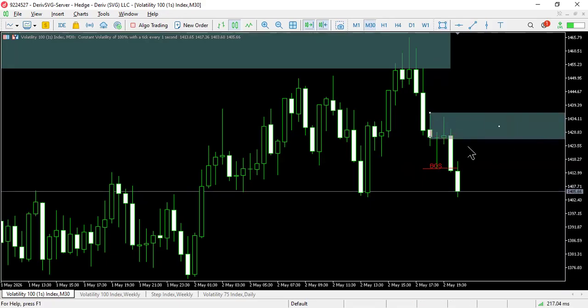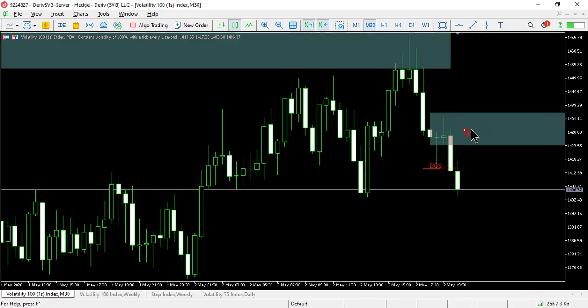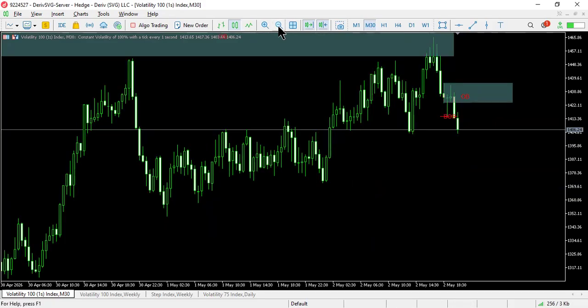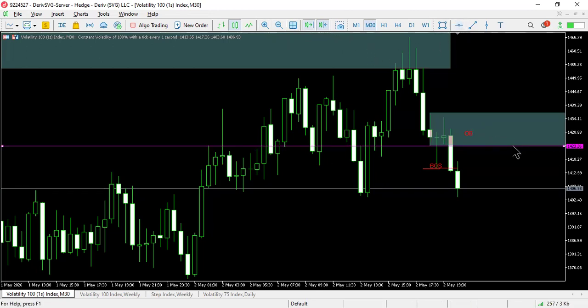It is this order block. Now we can go ahead and place our sell limit with the following coordinates.